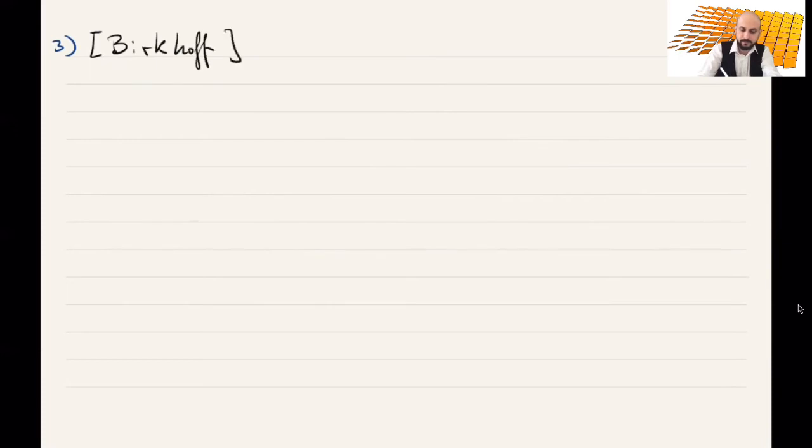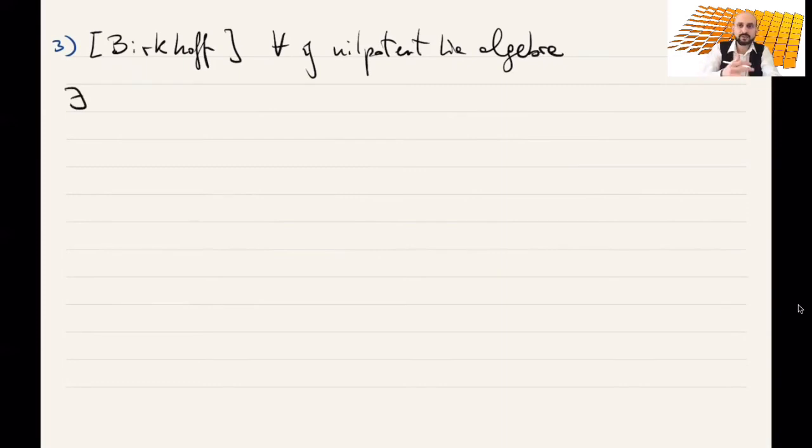Birkhoff theorem. They said that whenever you have a nilpotent Lie algebra, then you can always see it as a subalgebra of the standard nilpotent Lie algebras we saw. This is the Lie algebra of the group N_n.